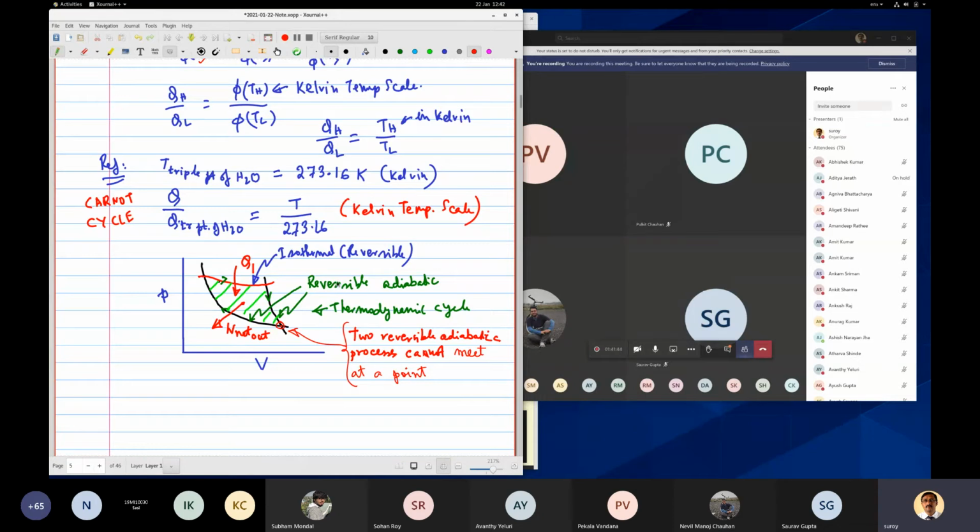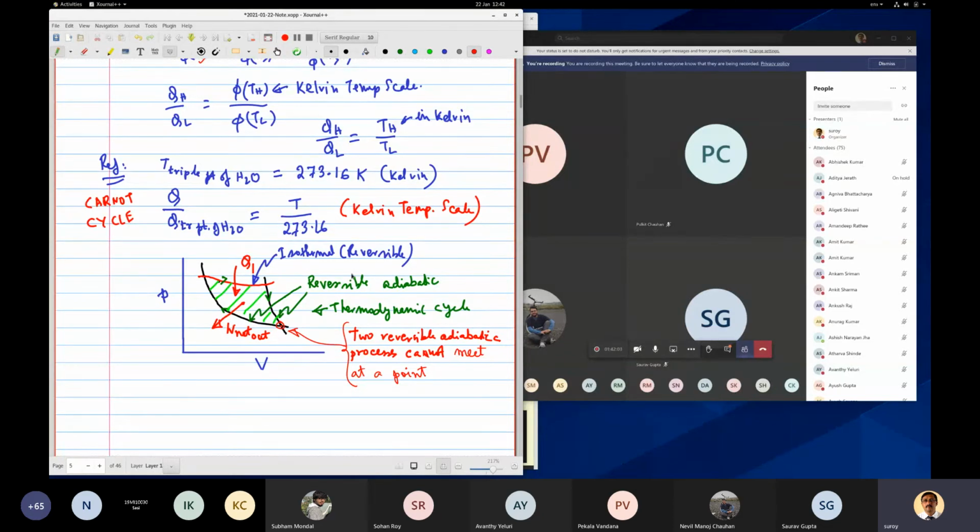That means they will never meet at a point. They will run sort of parallelly. In a PV diagram, you'll never be able to make these processes meet. If they do meet, then we will be able to construct this cycle and violate the second law.